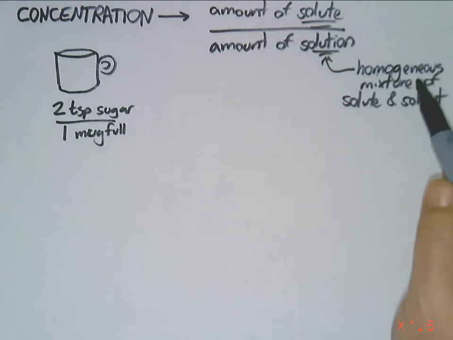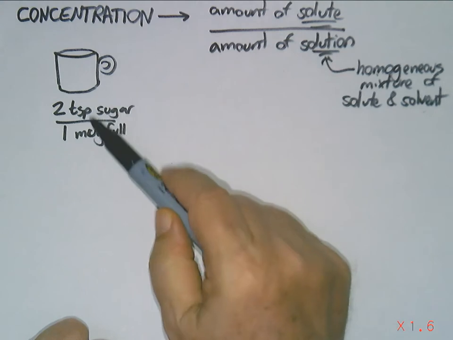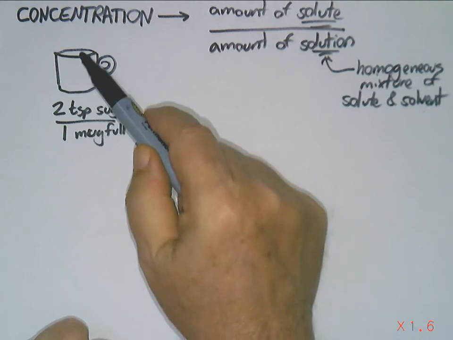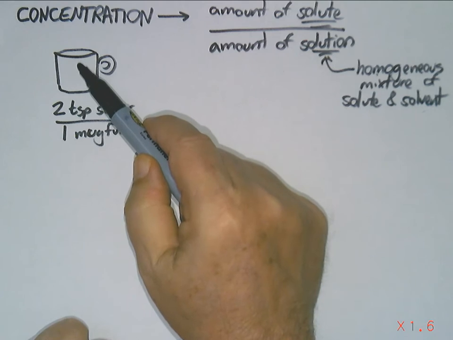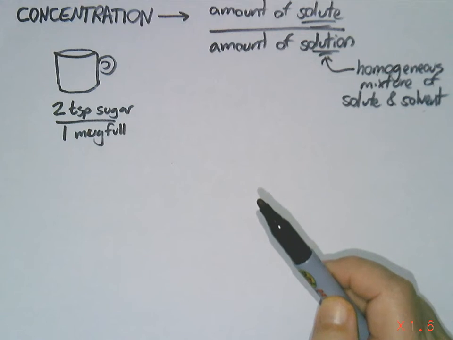And this word homogeneous is kind of important in understanding how to make solutions. If you just dump your 2 teaspoons of sugar into the bottom of the cup and then put coffee on top and it's not mixed, you don't have the same concentration of sugar all the way through the cup. You've got to stir this pretty well.